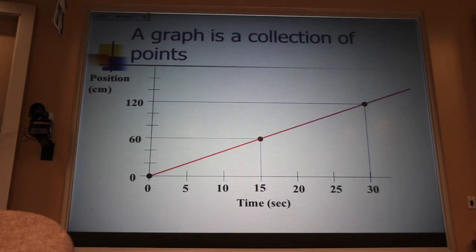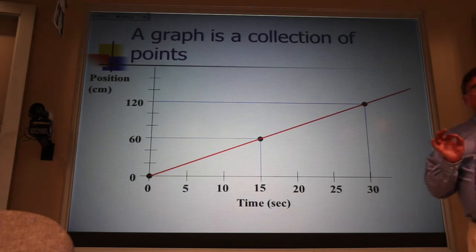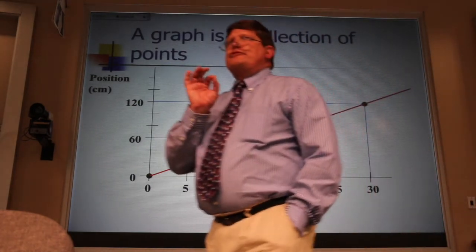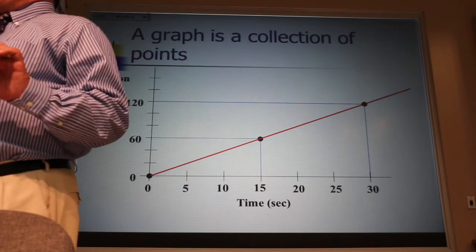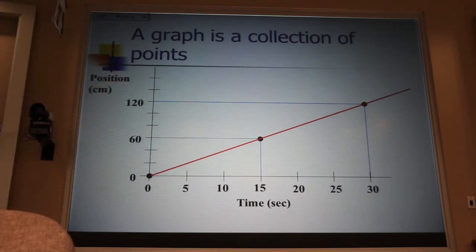When I connect the dots, I'm being arrogant. What I'm saying by connecting the dots is that if I had no social life at all, I could have collected 1,000,000 data points. And if I had put all 1,000,000 of those data points on there with red ink, they would have blurred together into that line.